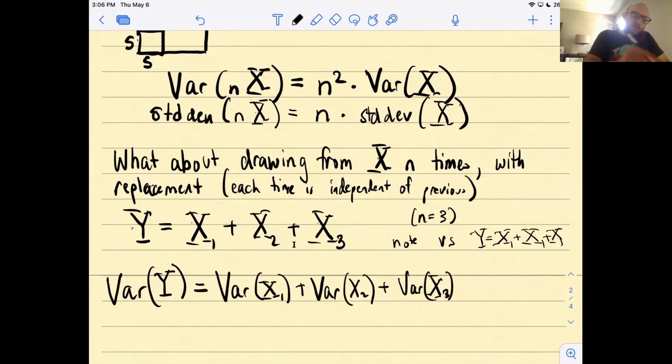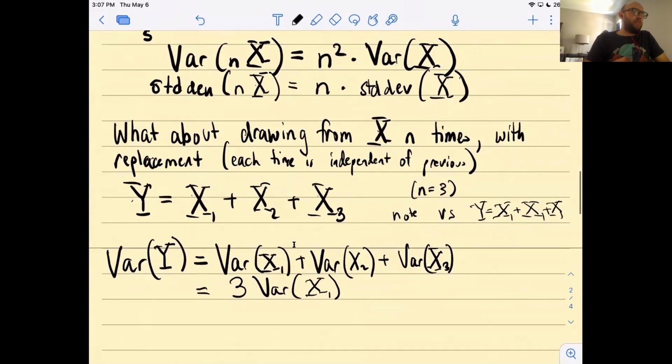And because all of these are the same distribution, we no longer have a 9, but we have just a simple 3 in front of the variance. And I said that without proof here. This statement involves a little bit of algebra to show it, but you can start to believe it. And I want you guys to try this as an extra credit, okay?